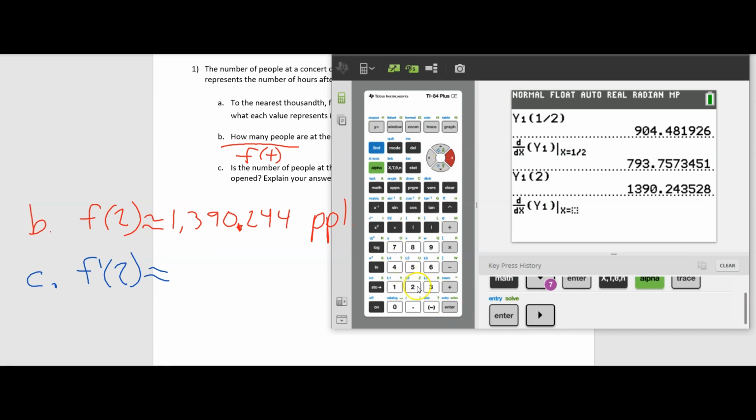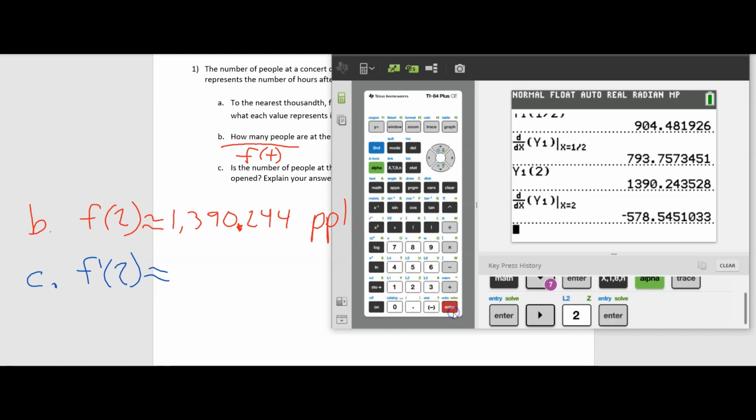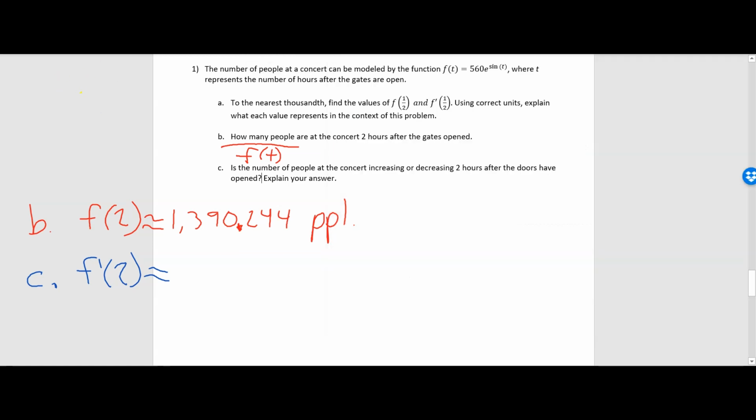And we are evaluating at x equals 2. So our value here is negative 578.545. So we can write that value down. Negative 578.545.